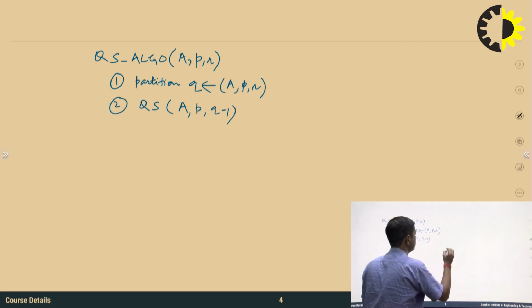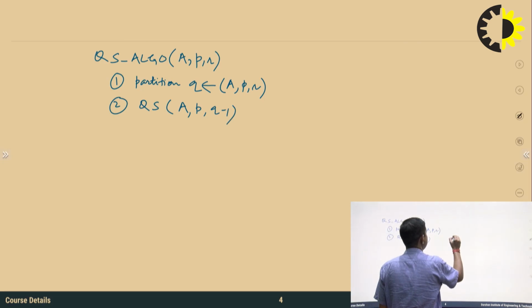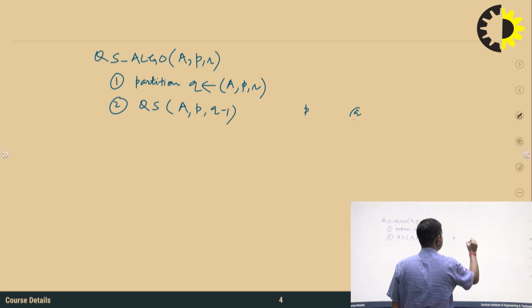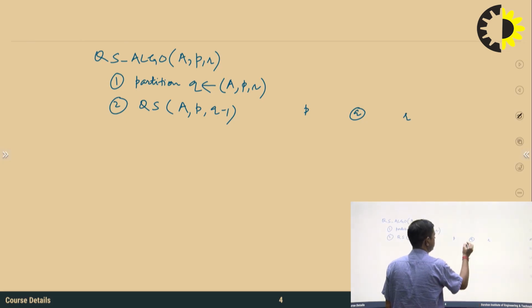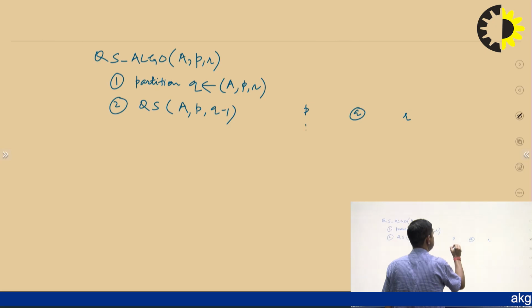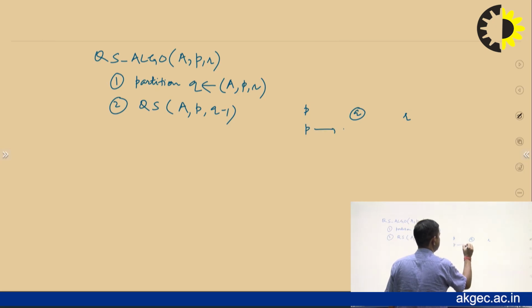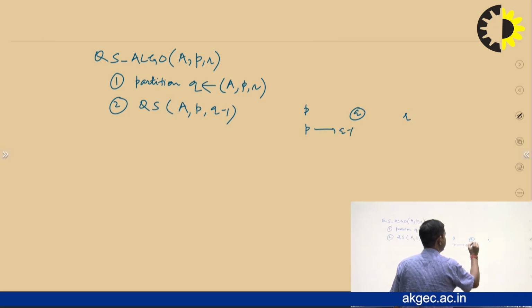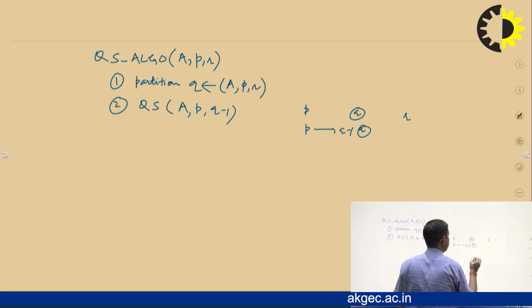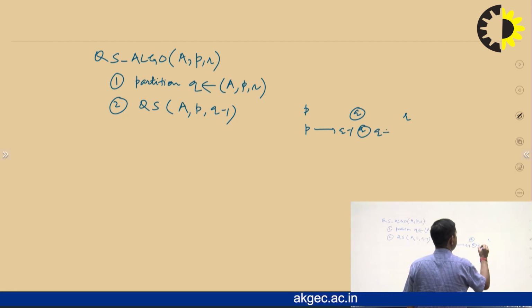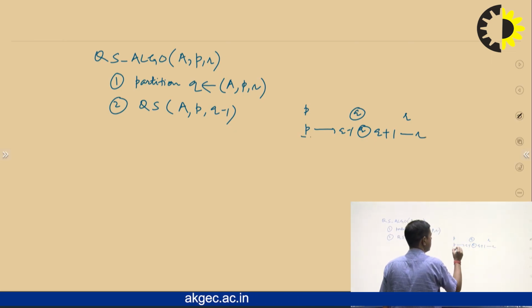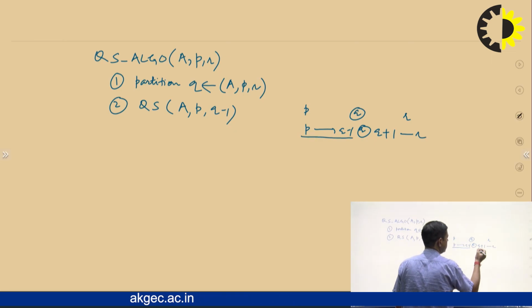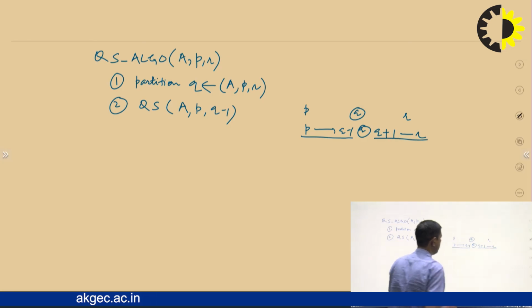Why are we saying so? Suppose this is the lower bound P, this is Q, and this is R. So just before Q, one position before, it is P to Q minus 1, and after Q it is Q plus 1 to R. We will apply the sorting on this sublist and on this sublist.